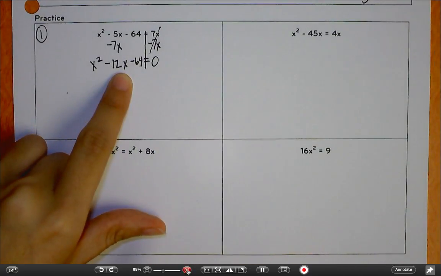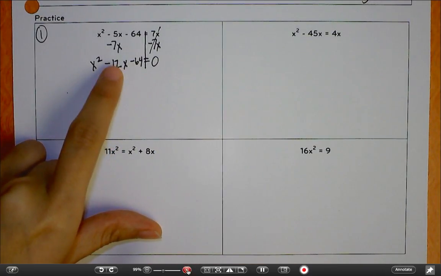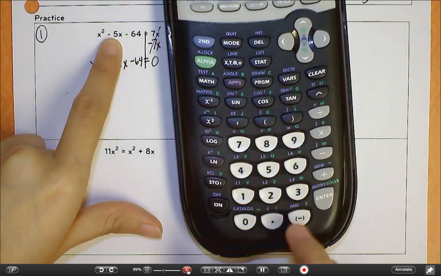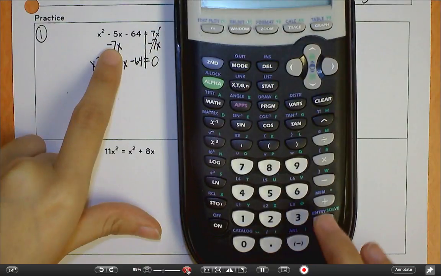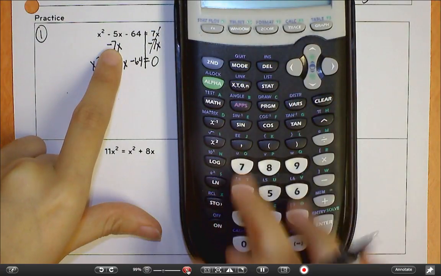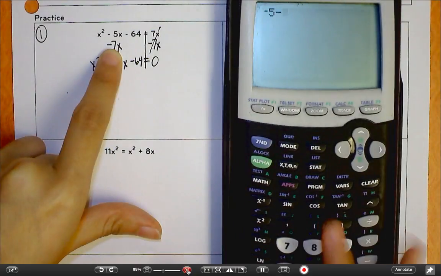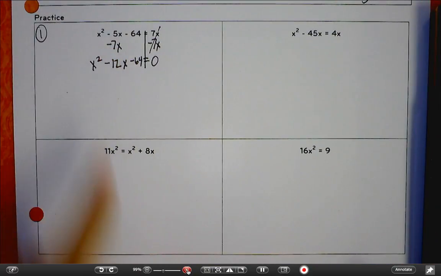If you're having an issue finding that to be negative 12, use your calculator to help you. That's minus 5. Sorry. That's going to be negative 5 minus 7. Use your calculators to help you with integers.